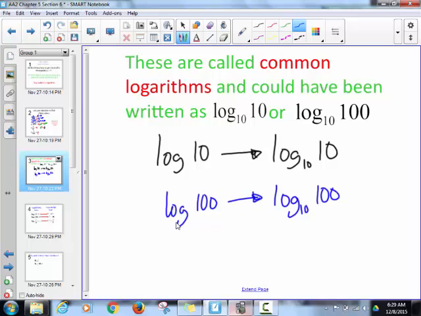Because in the second one, it's the base of 10 to some exponent, which in this case is 2, equals my 100. So the base is what the base is. What it is equaling is the exponent, and the number of the log is what that ends up equal, like that 10 to the second power equals 100. So it's kind of confusing, but hopefully the more we do, this starts to make sense. So just know if there's no base, we know it's base 10 because it's a common log.